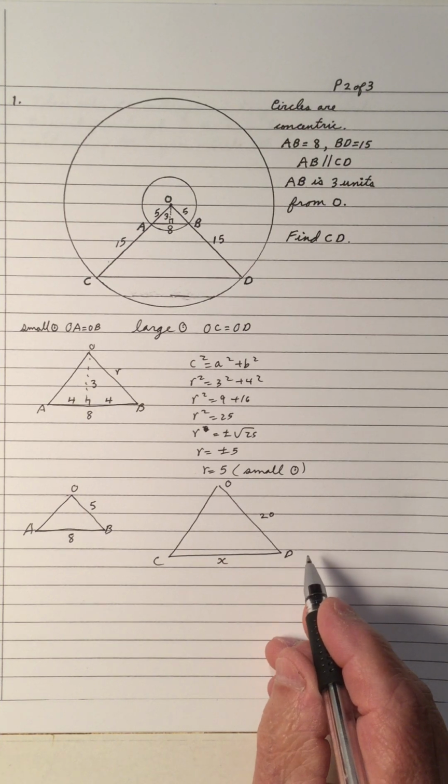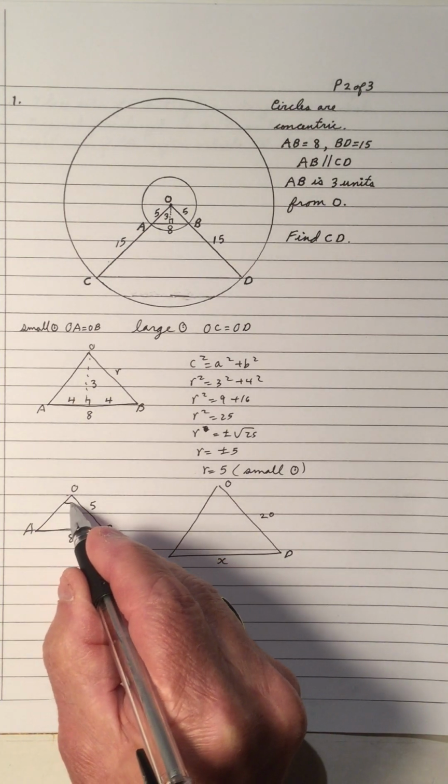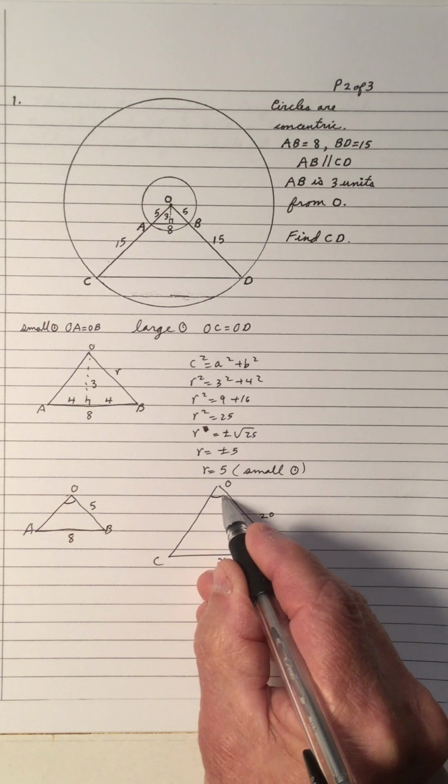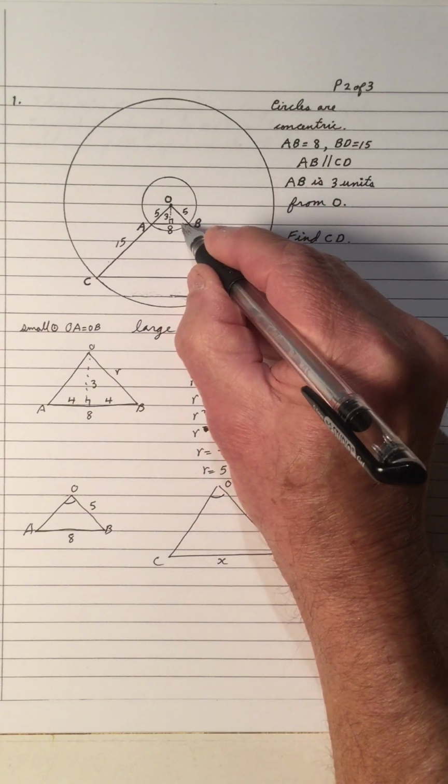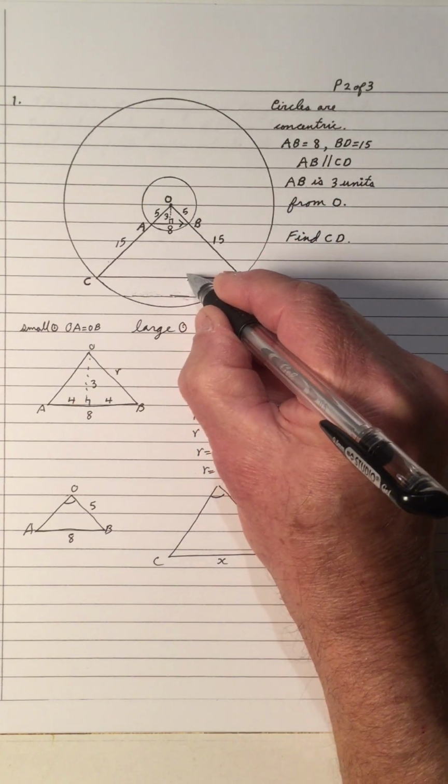So what happens is that this angle at O here is a common angle. Oh, I forgot to mention the parallel lines. This line is parallel to this one.